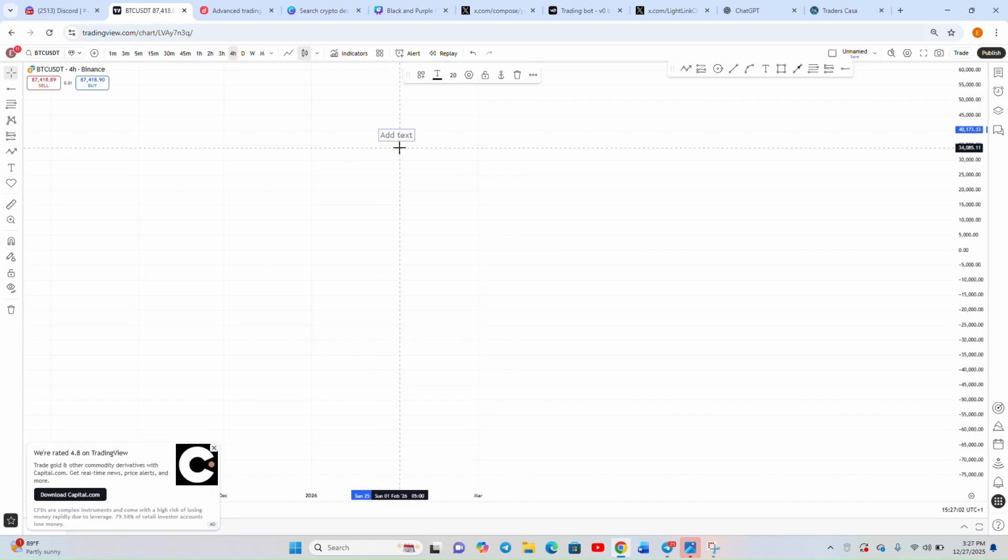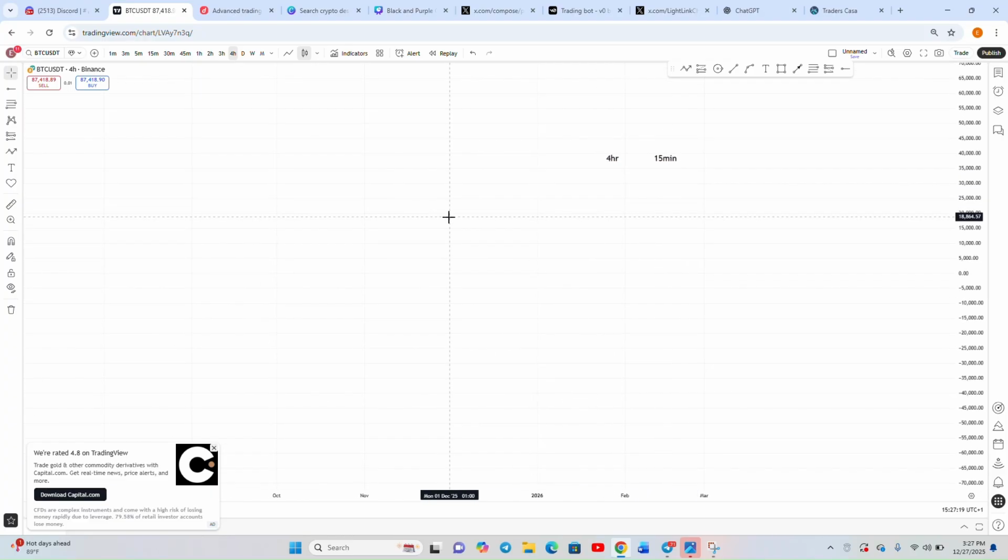There are two time frames I basically look at before I take any trades, and they are the 4-hour time frame first, and then the 15 minutes time frame.